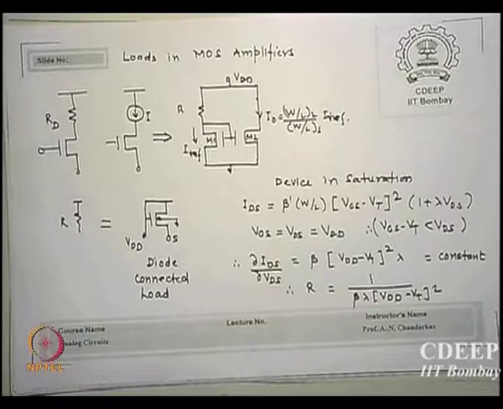So changing the size, I can change the resistance. Lambda is a technology parameter, beta dash mu Cox is a technology parameter, Vt is a device parameter, technology parameter. So all that you can do is change W by L. So different sizes of transistors will give different resistances.